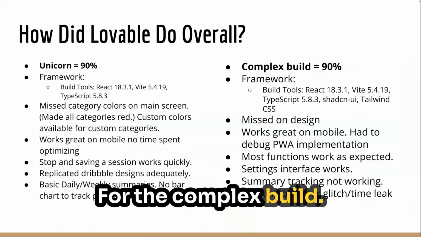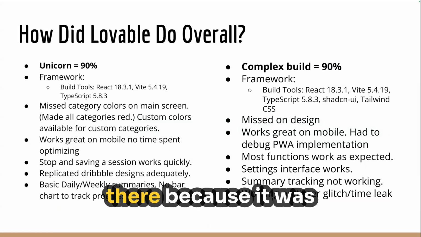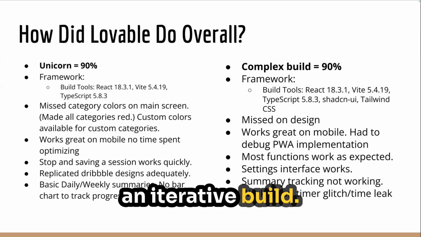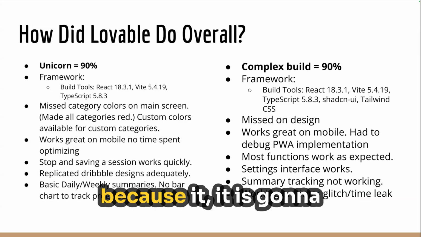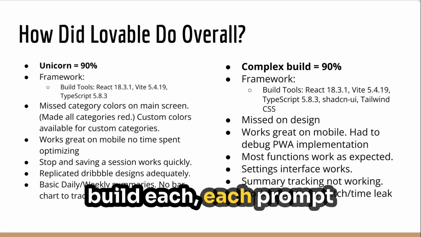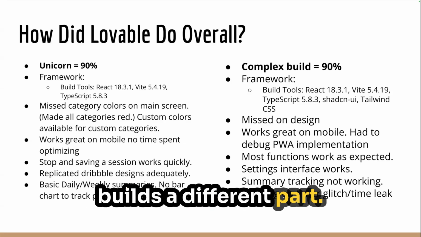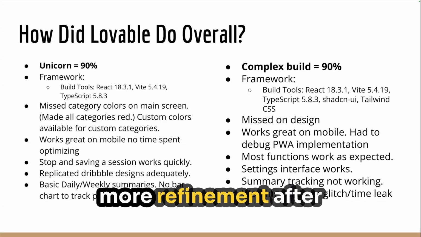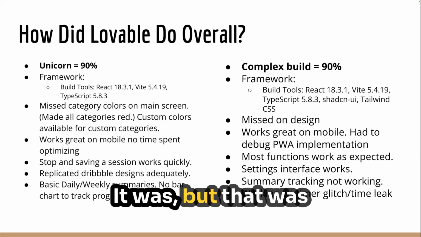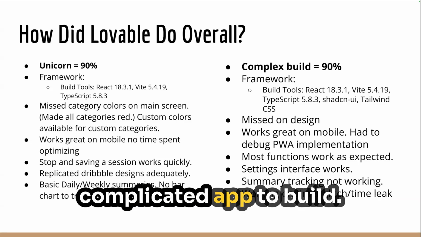For the complex build, it eventually got there. Because it was an iterative build, it takes a while and you have to be patient because each prompt builds a different part, and it took longer to see the end result. And then it took a lot more refinement after the 6 phases. That was because it was a more complicated app to build.